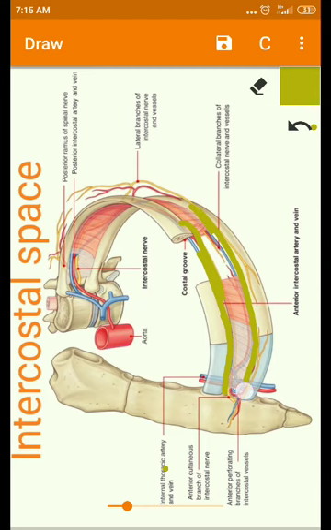Anterior border is formed by the lateral border of the sternum between the costal notches, and posterior border is formed by the corresponding thoracic vertebrae. These are the boundaries of intercostal space.